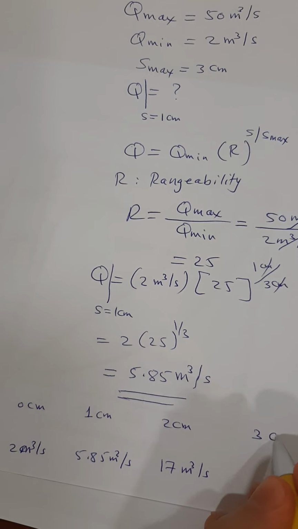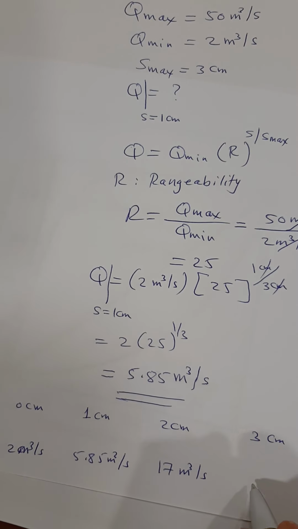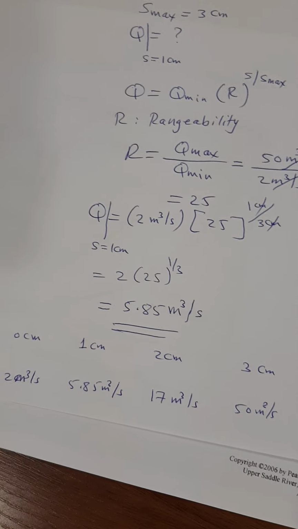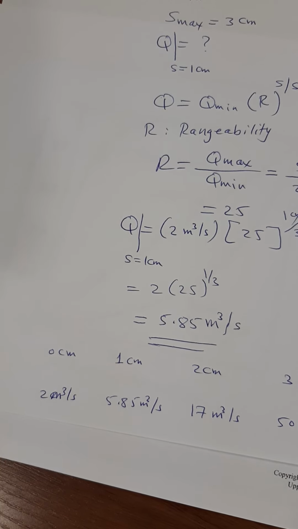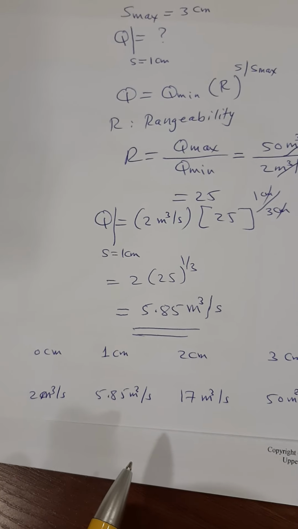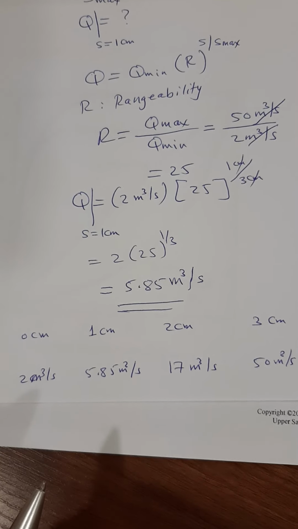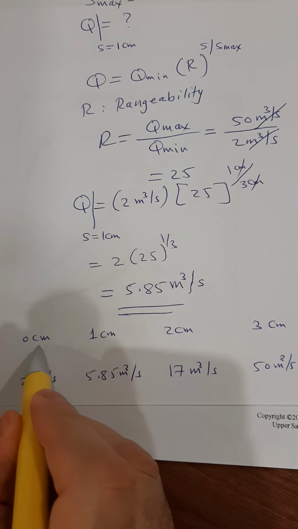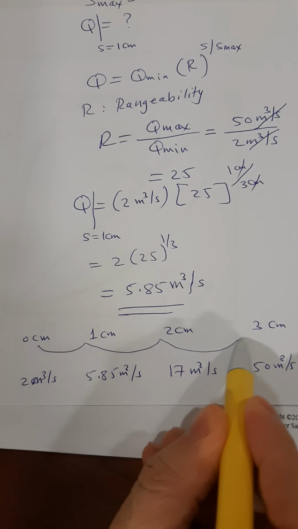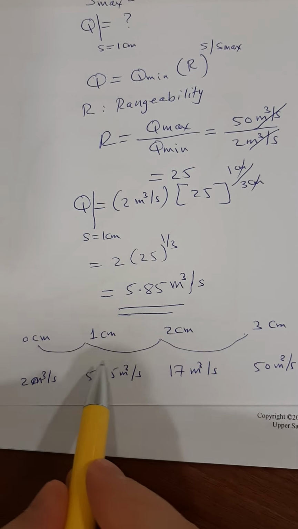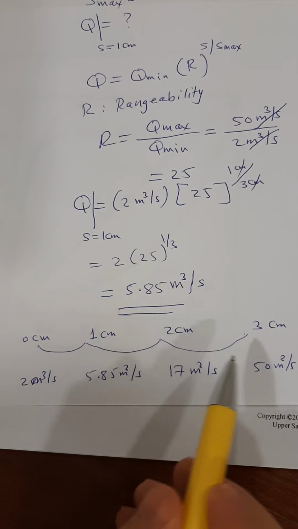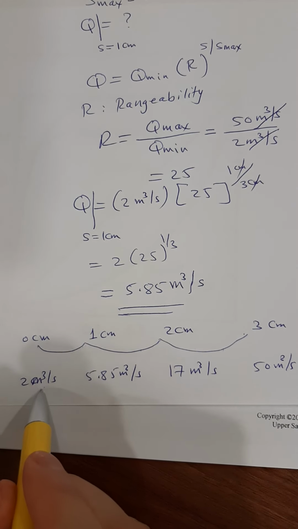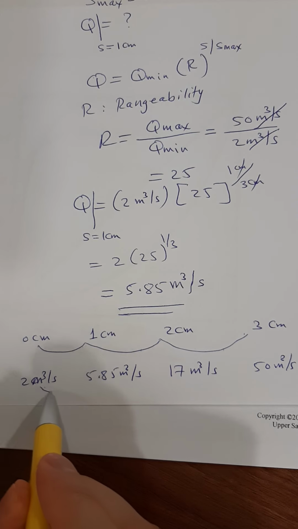At 3 centimeters, which is the maximum, Q in this case is 50 meter cubed per second. So we have this range. You can notice that if we increase the stem position each time by 1 centimeter, the same change, then the flow will be tripled.